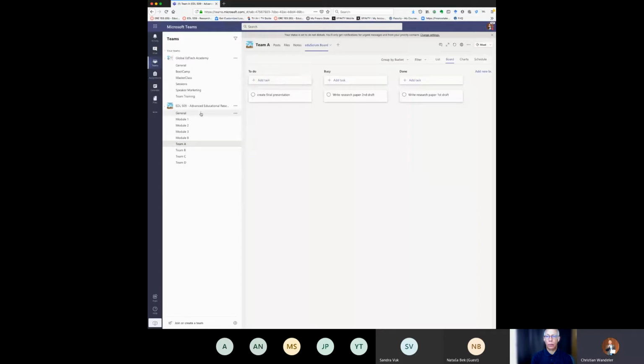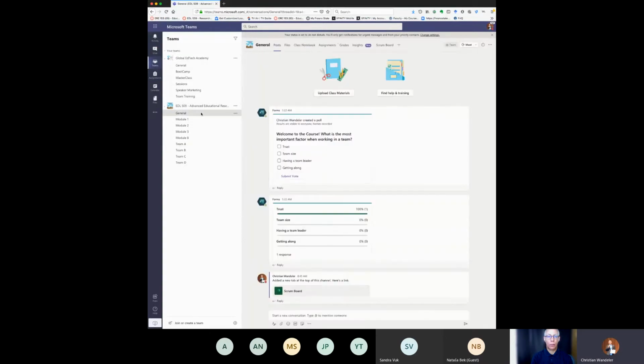You can also use this to facilitate collaboration across teams, right? You can easily add an additional channel where it's collaboration between teams or for specific projects, right? And you can also use this environment to share class materials, assignments, grades, everything else that you normally would do in an LMS, a learning management system.